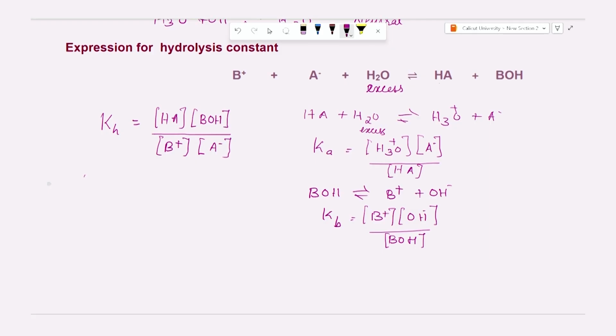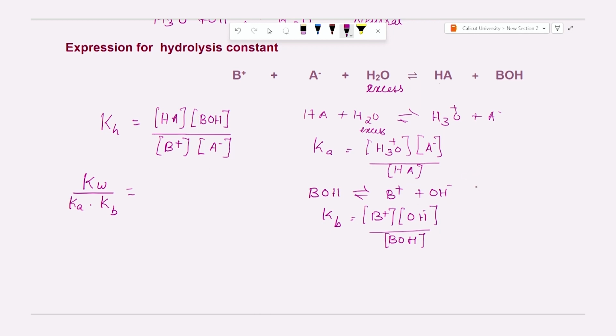Now, what I am going to do is divide these two dissociation constants on ionic product of water, that is Kw divided by Ka into Kb, because in former cases when acid was weak we took it as Kw by Ka, when base was weak we took it as Kw by Kb. Now, in this case both are weak. So, let us see whether we can arrive at the expression of hydrolysis constant.